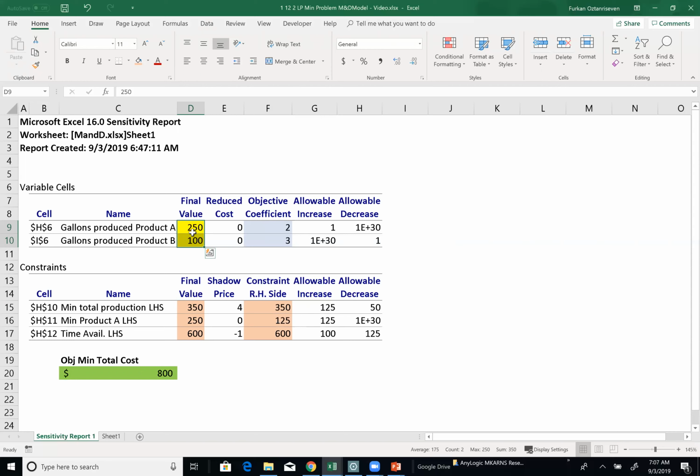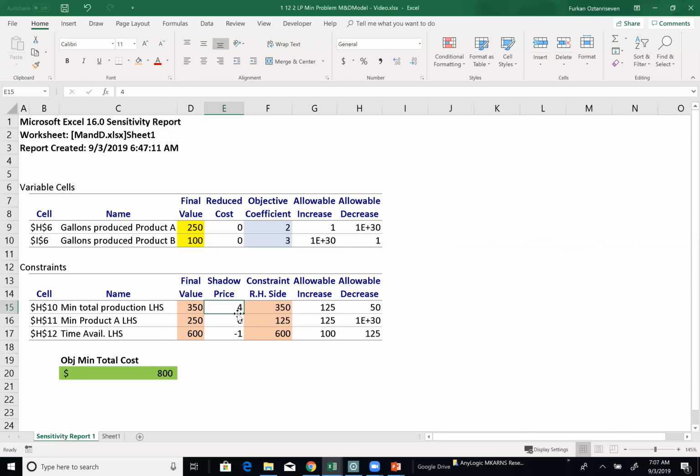Sorry, my solution wouldn't stay the same. Of course, it would change because if I require more production, then basically I will start producing more, right? Otherwise, it's not going to be a feasible solution. However, if I do that, every unit increase will increase my objective by $4.